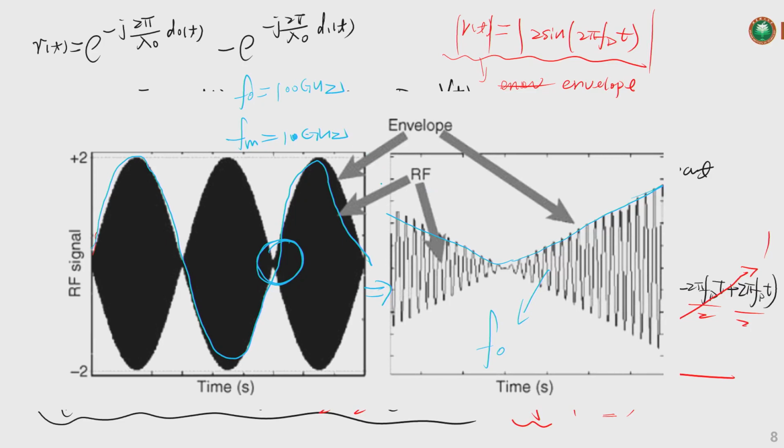So the carrier oscillates much faster than the modulation signal. This is the oscillation inside the envelope, and the envelope is related to the modulation signal or the Doppler shift. So it varies like this.